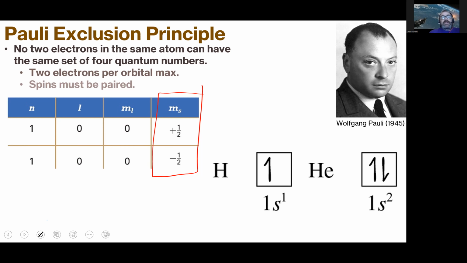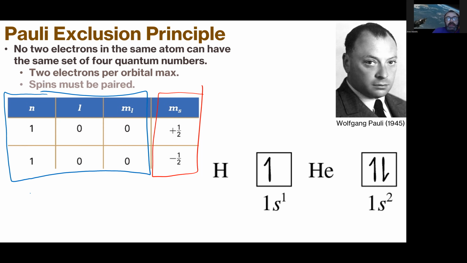So what this means is, if we're looking at a set of quantum numbers for a pair of electrons, remember, n, l, and m sub l define for us the orbital, okay? m sub s is telling us the spin, okay?